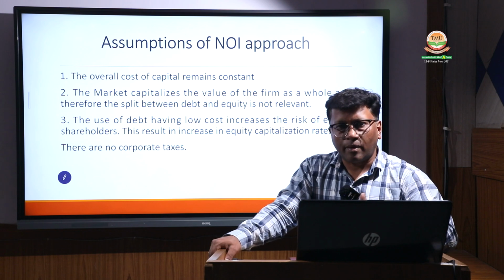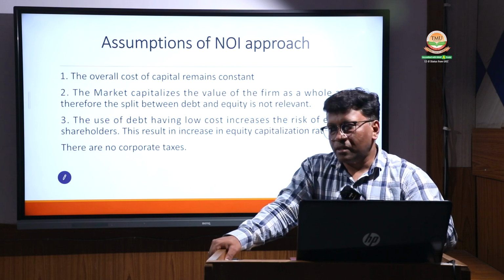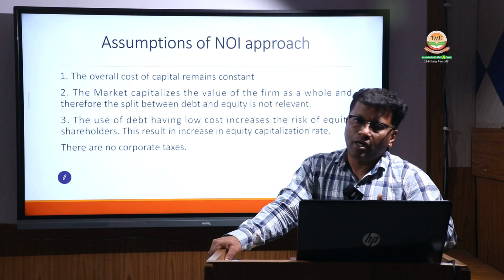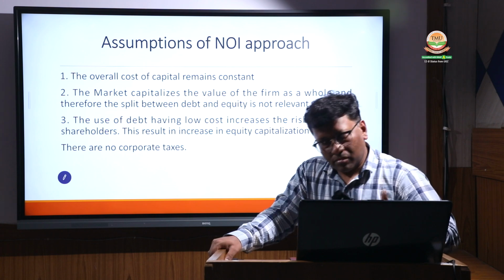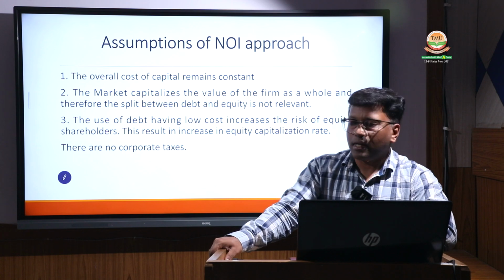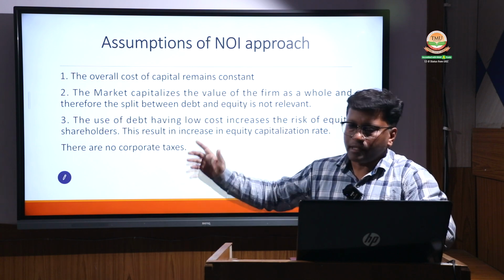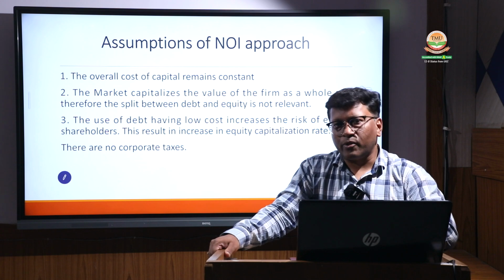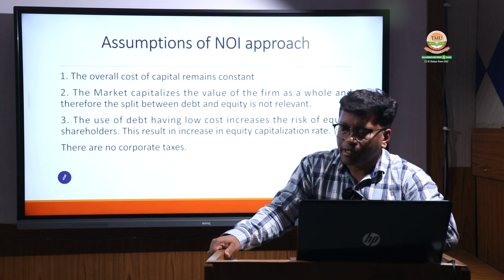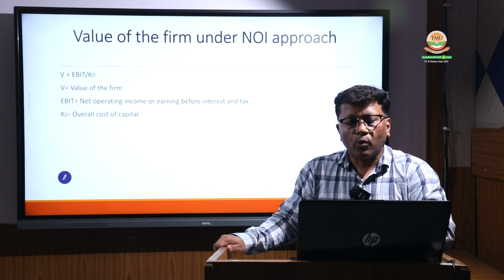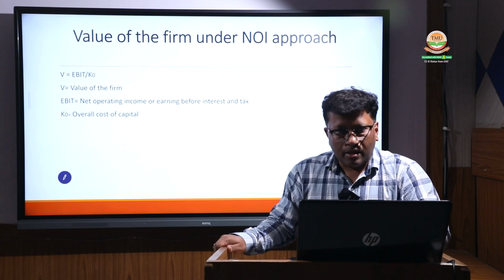You can see the cost of capital, the rate of return, the hurdle rate, or the expected rate of return the shareholders desire from the organization, right? And there are no corporate taxes. Last but not least, these are the assumptions of the NOI approach, and on the basis of these assumptions this theory works.